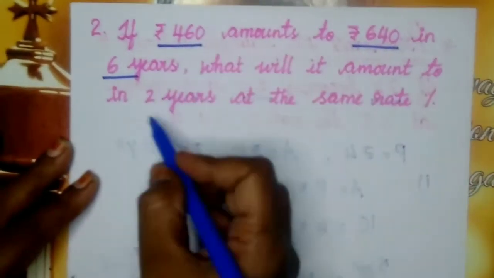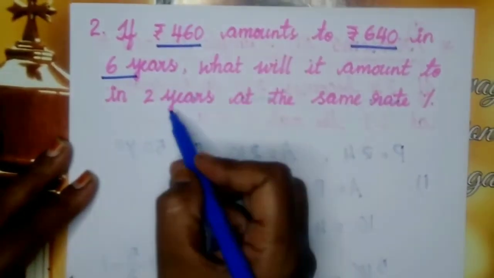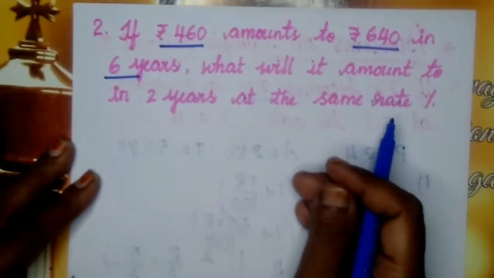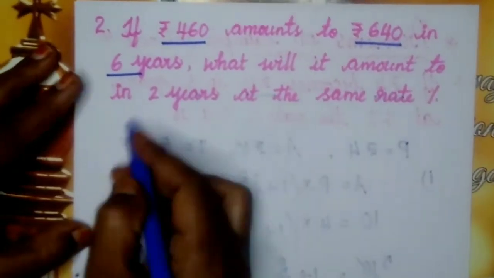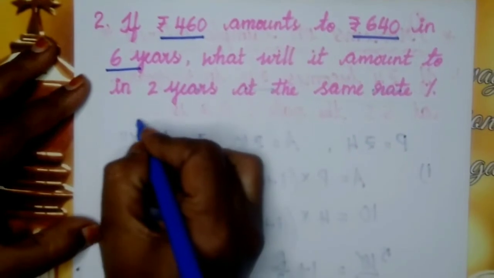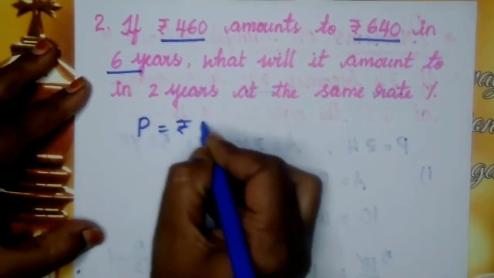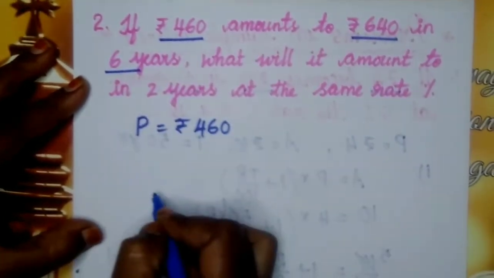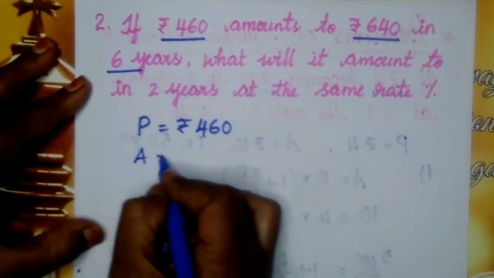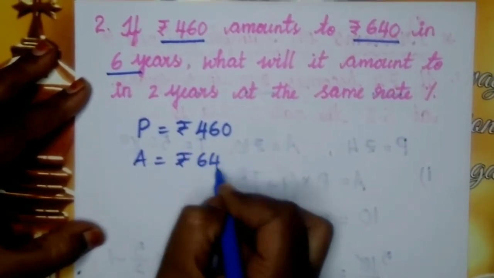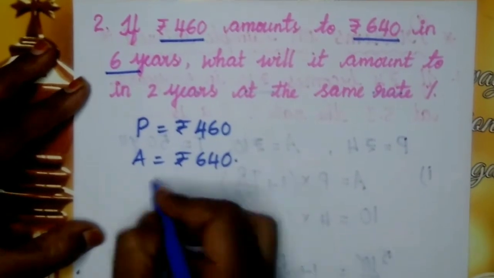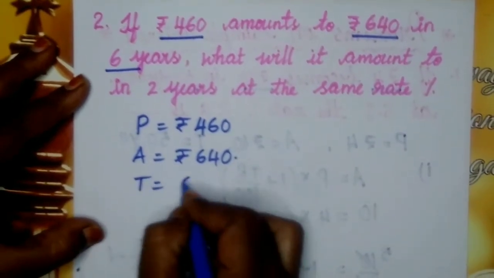Clearly 460 is the principal and 640 is the amount, in 6 years of time. So if the time period is changed to 2 years, what's the amount that we are going to calculate here? So principal is rupees 460, the amount is rupees 640, and the time mentioned is 6 years.